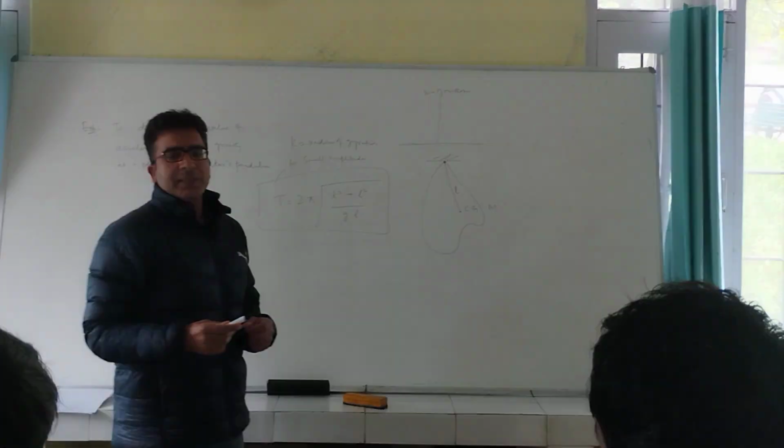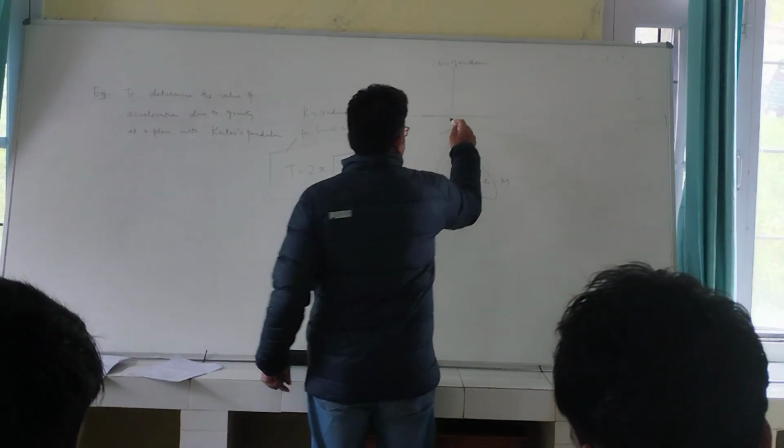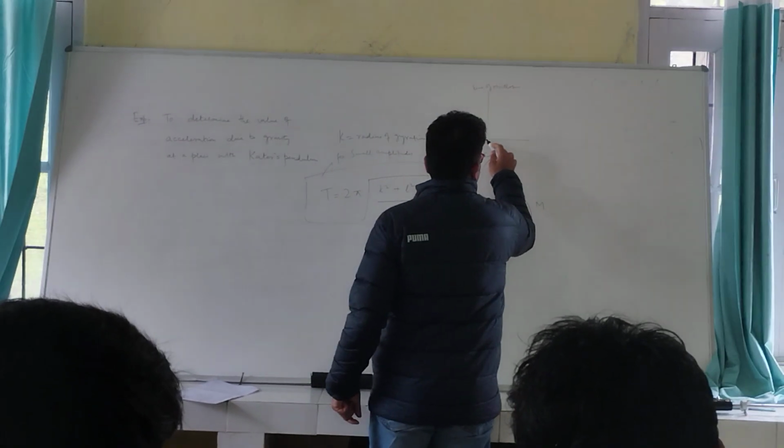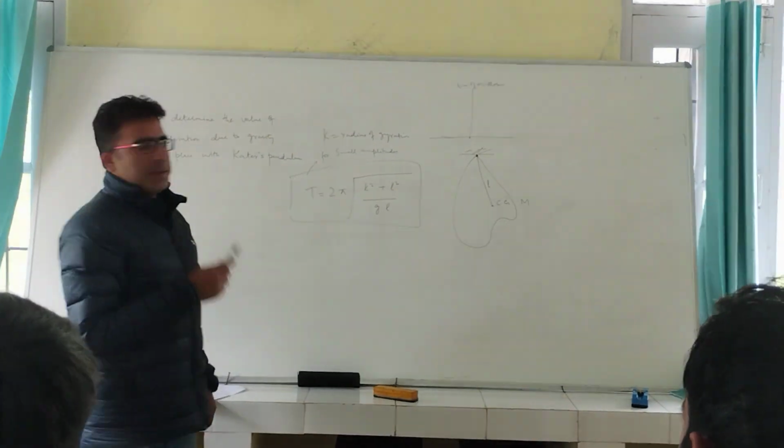Knife edges are basically pivots. We said in this bar there are 9 holes to the right of the center of gravity and 9 holes to the left of the center of gravity.